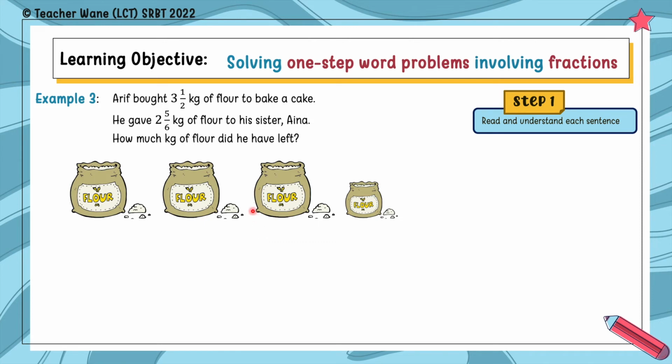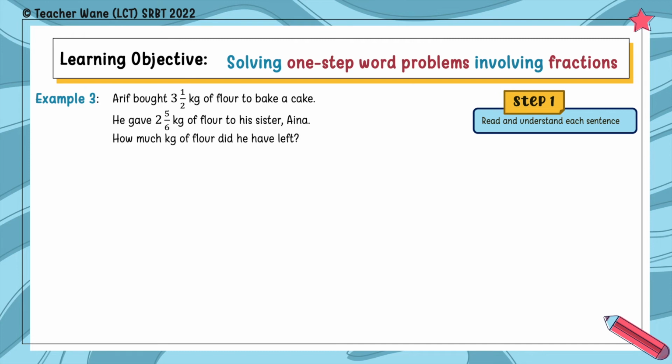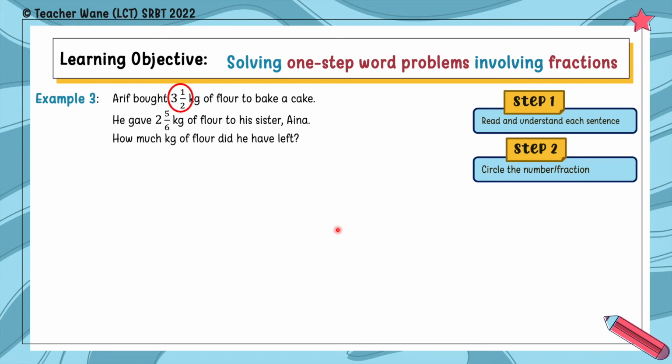So imagine that he gave 5 out of 6 from this packet of flour. Okay, so since we have understood each sentence, we are going to circle the number or the fraction. Okay, so we are going to circle 3 1 out of 2, and then we are going to circle 5 out of 6.